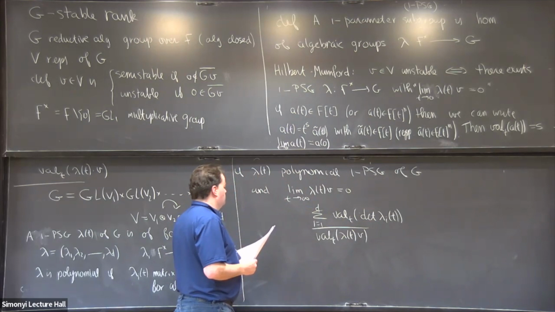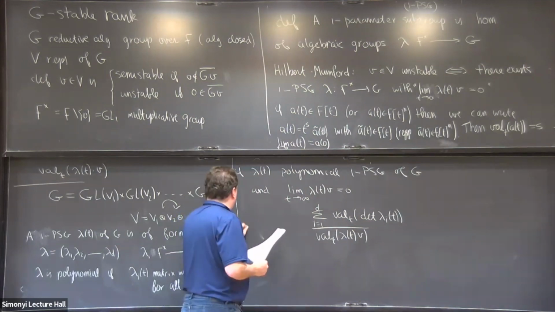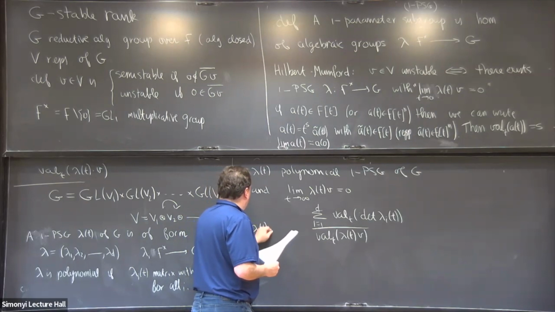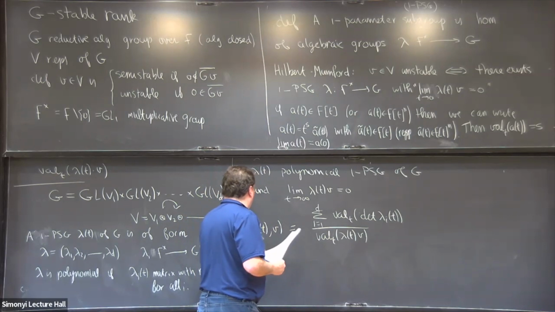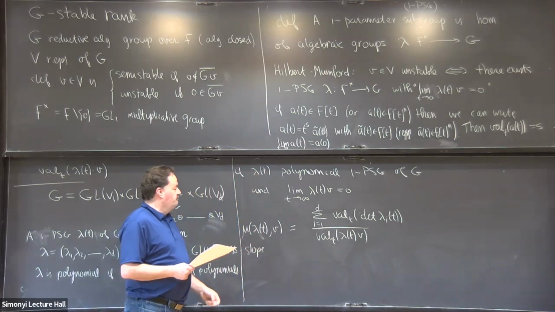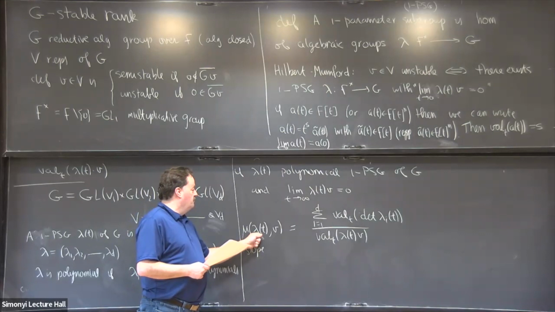And this we call the slope mu(lambda(t), v). You can think of this as some kind of slope with respect to this one-parameter subgroup lambda(t) and this v.